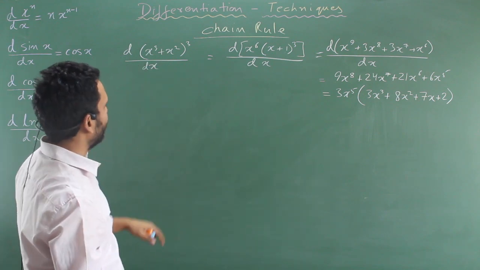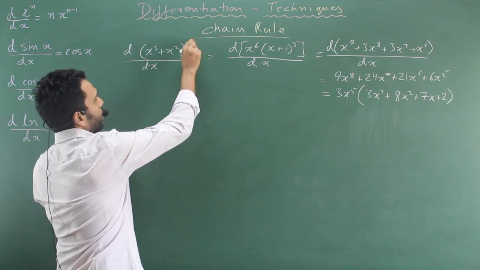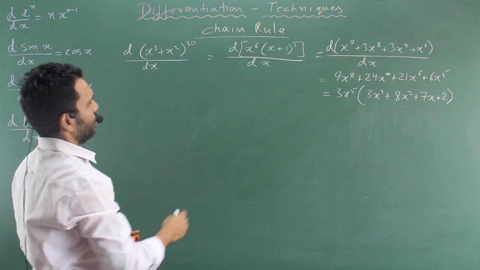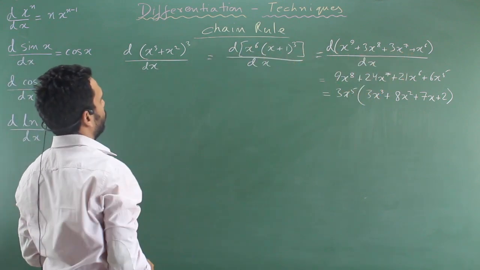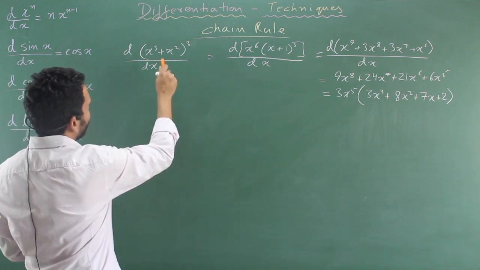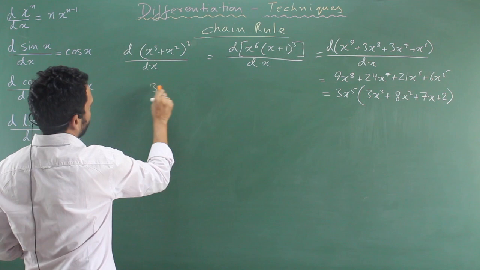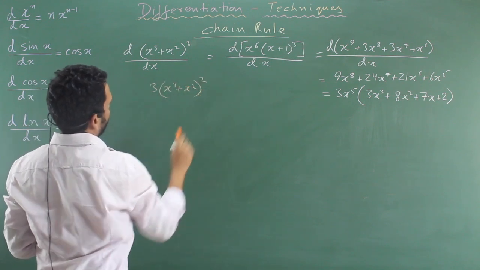That's one way of doing it. But had the power been 30 instead of 3, then we won't be writing an expansion. That will be too long for us. We'll apply a rule, a technique. But for sure, is the answer 3 times x cube plus x square, whole square?